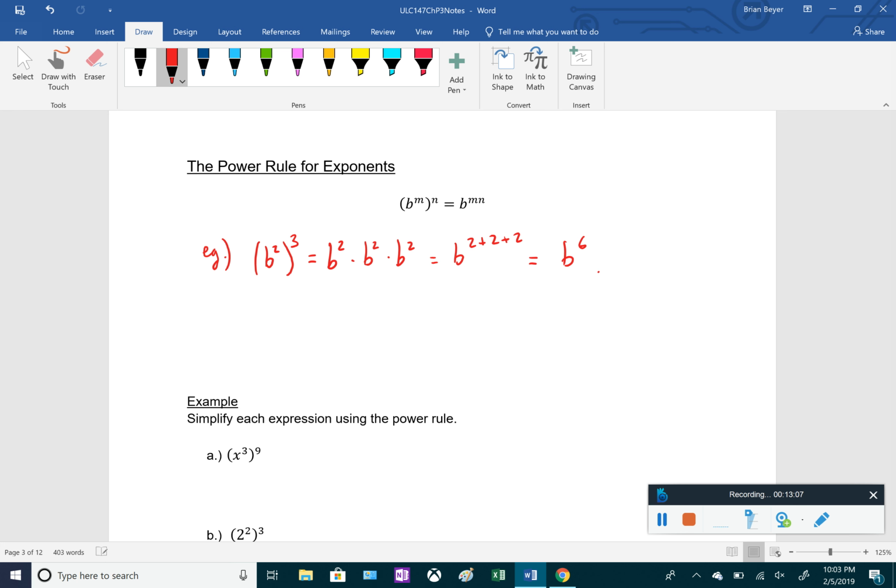So if you take a look at that, a shortcut way to get b to the 6th would just be multiply the 2 times 3. So that means b to the 2 and then to the 3rd is b to the 2 times 3, which is b to the 6th. So don't get this confused with the product rule.